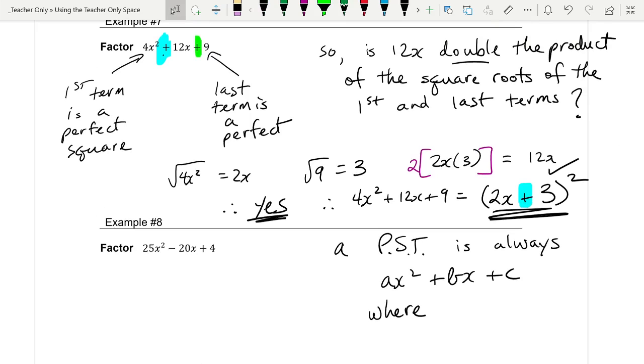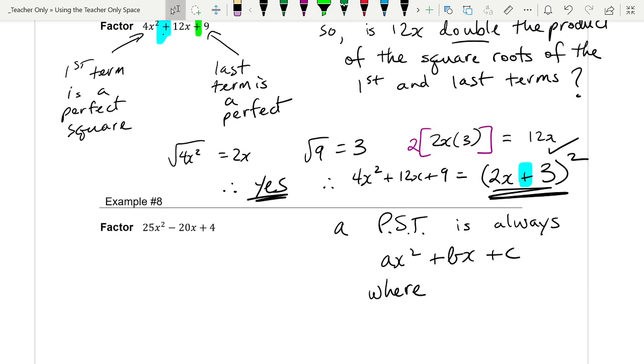What would you say? Two times root a times root c, and by the way, the square root of a times the square root of c, I can just say the square root of ac, has to equal b.